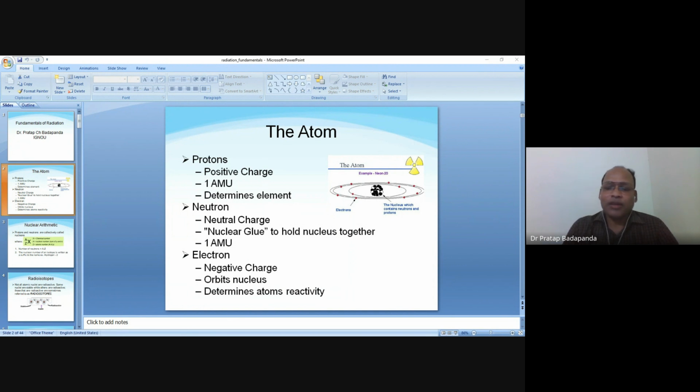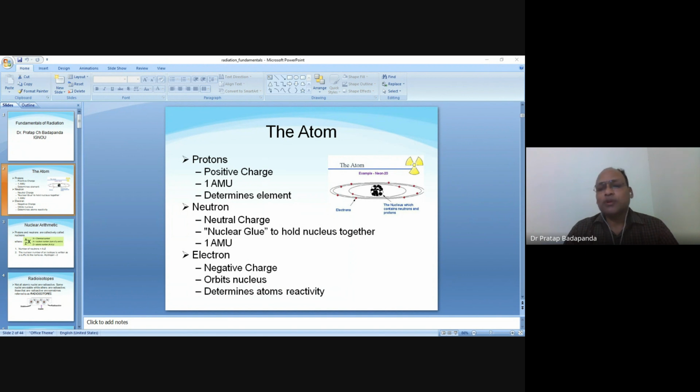The atomic number is specific for a particular atom. Hydrogen's atomic number is 1, helium 2, lithium 3, beryllium 4, and so on. It is the number of protons present inside that particular atom, and on that basis the atomic number is identified.